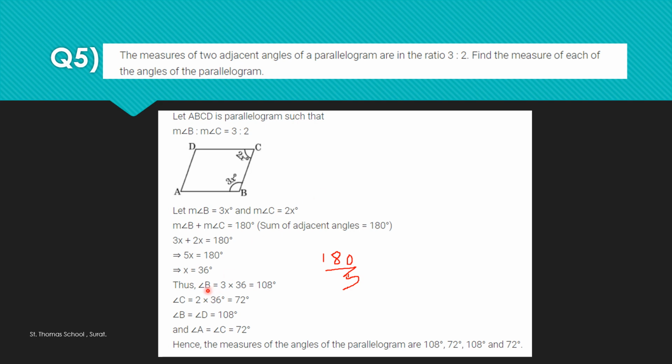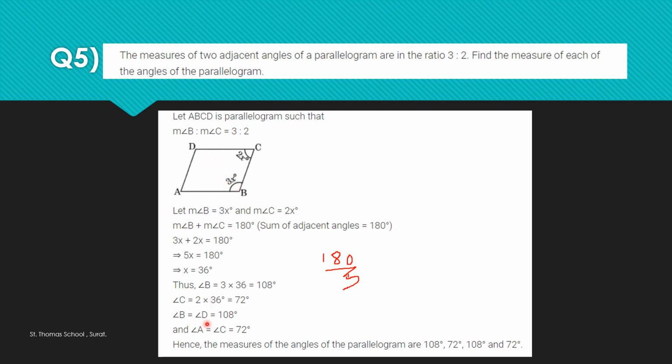Now you have to find the value of angle B. Angle B is 3x, so 3 into 36 is 108. And angle C is 2x, so 2 into 36 is 72 degree. So angle B is equal to 108. Now we know angle B and angle D are both equal because it is a parallelogram, and in a parallelogram opposite angles are equal.